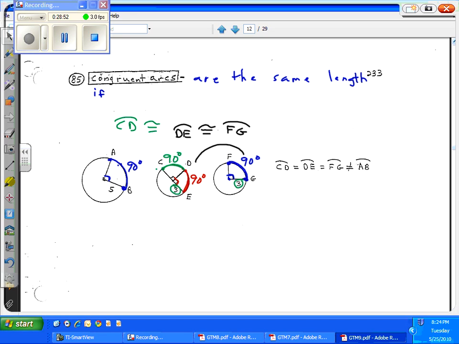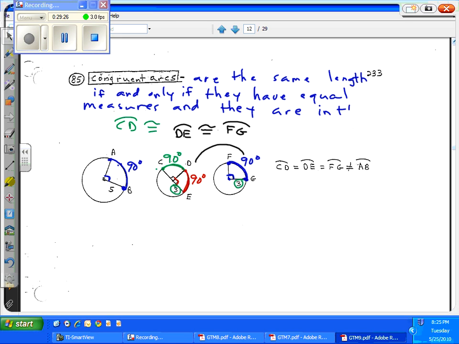if and only if they have the same measure and they are in the same circle or in equal or congruent circles.